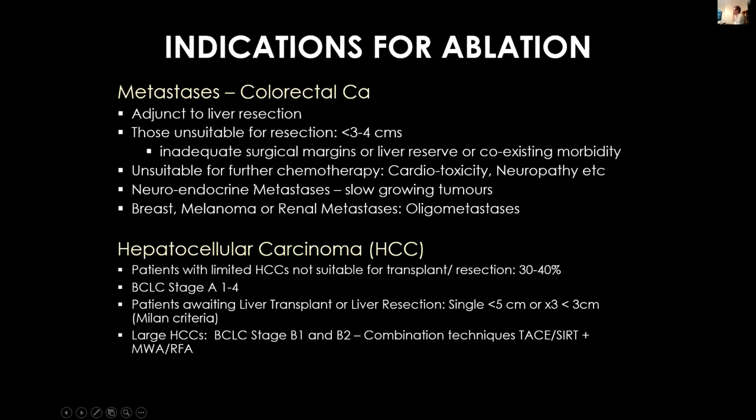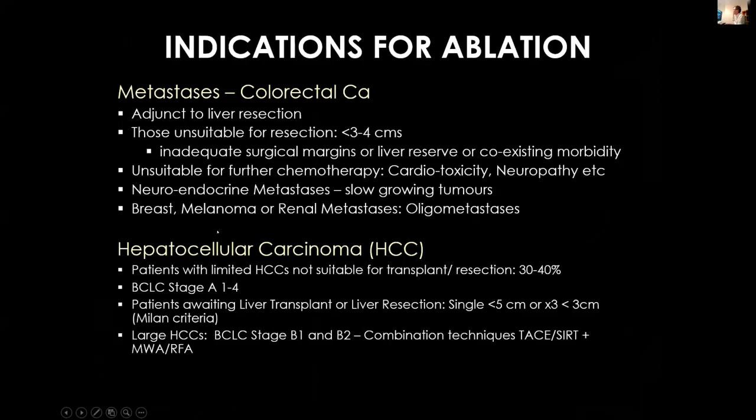There are patients who can't undergo further chemotherapy because of cardiotoxicity or neuropathy, and these we can control with multiple stage ablations. There are also slow-growing tumors like the neuroendocrine metastases, and these can be done again over several stages without fear of having to chase the growth of the tumors.